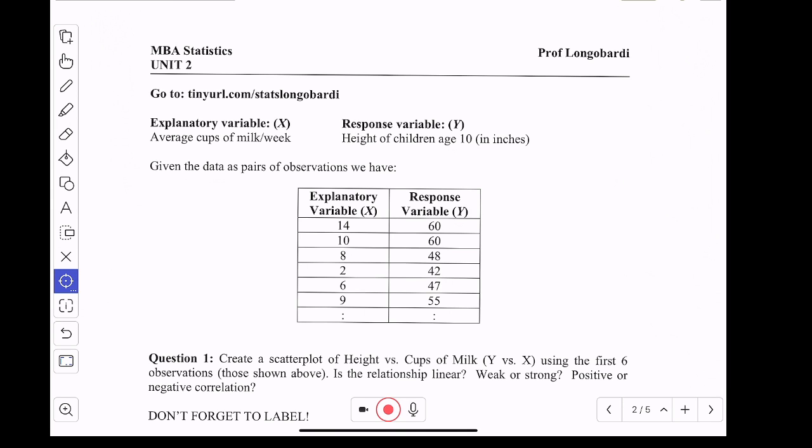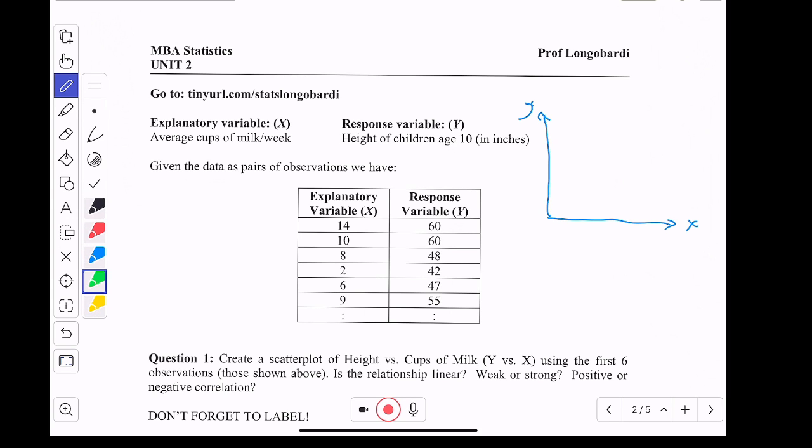And so on. So if you put this on a graph, or a chart, or an axis, notice when I'm drawing this, for X, I want to go between the low of 2 and a high of 14. So keep that in mind.